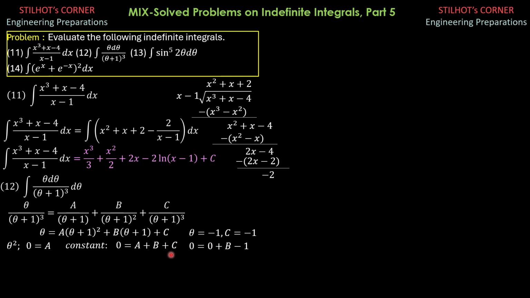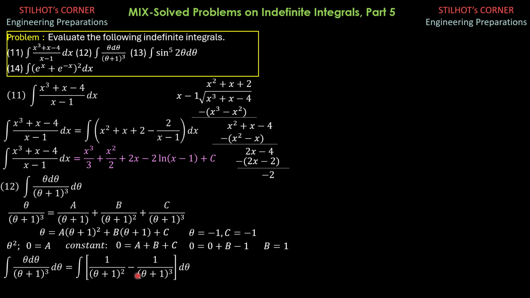Then the integral of theta d theta over theta plus 1 cube is the same as the integral of 1 over theta plus 1 square, then minus 1 over theta plus 1 cube, then d theta.